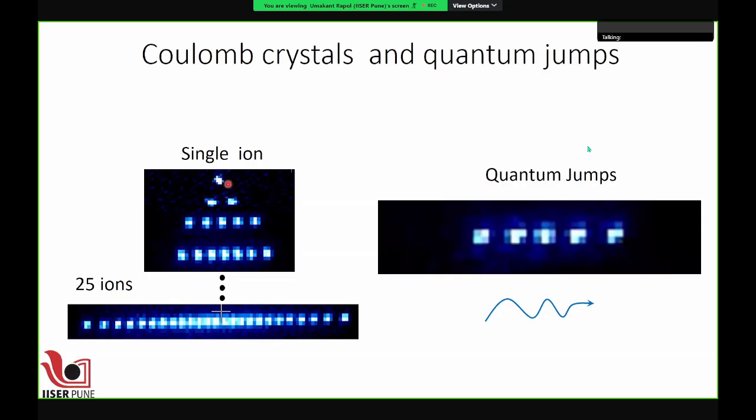This light is collected with a very high numerical aperture objective and imaged onto a CCD camera with some magnification, and the imaging is basically diffraction limited. Now these are individual ions, 2 ions, 5 ions, and so on. And this is a picture of up to 25 ions in our lab. The separation of these ions is about 5 to 10 microns, depending upon the axial voltage that you apply.